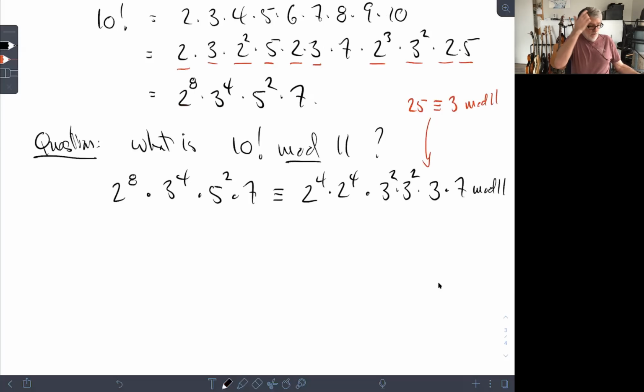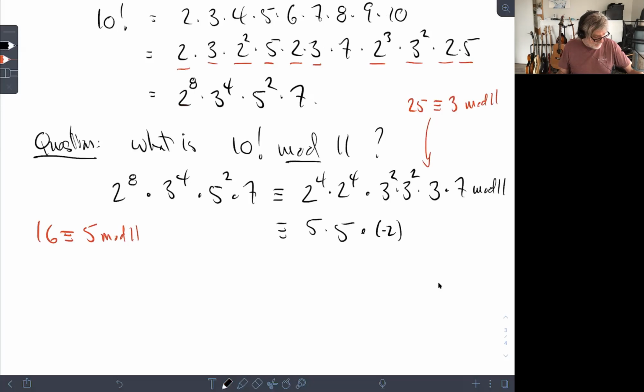Okay. 16 mod 11, that's congruent to 5 mod 11, right? So this is 5 times 5. 9 is minus 2 mod 11. So I'm just messing around with the numbers to make them as small as I can, right?